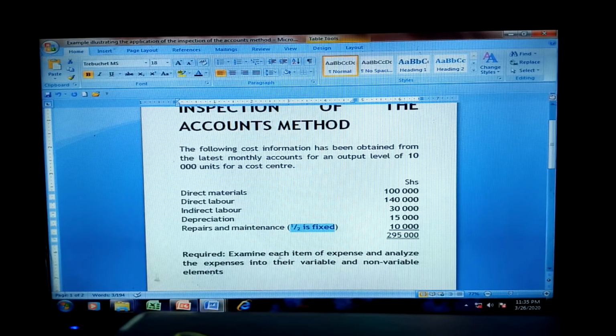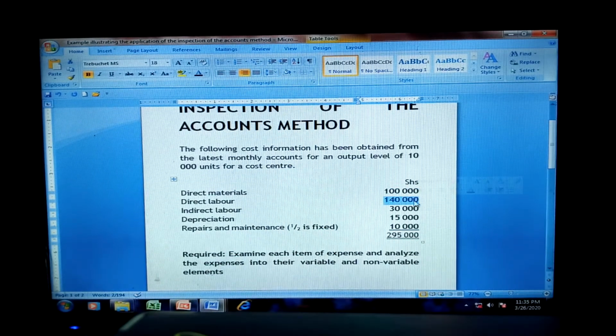Required: examine each item of expense and analyze the expense into their variable and non-variable elements. Direct materials, this is a variable element, so it's a variable cost.